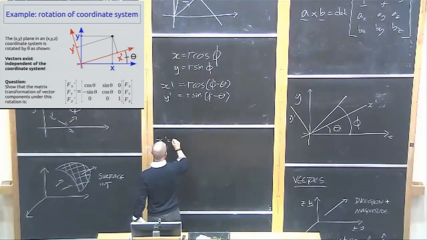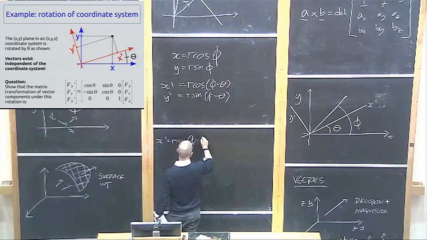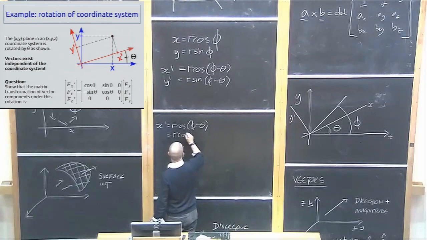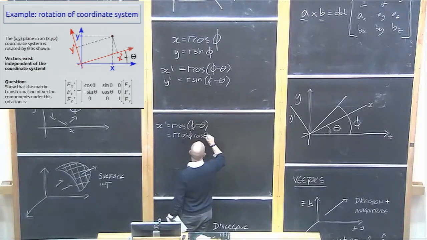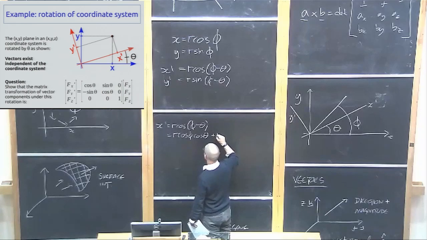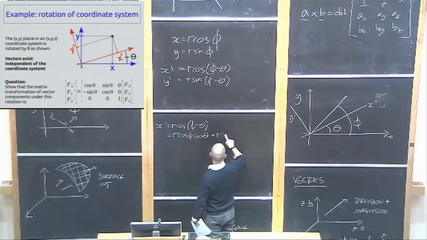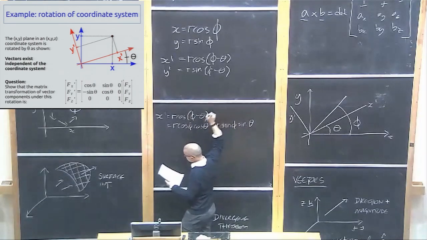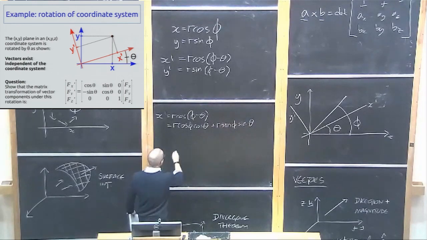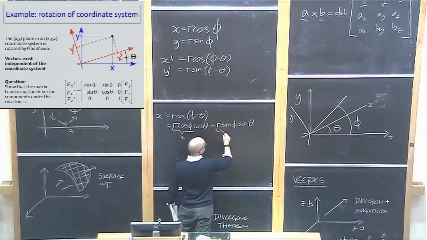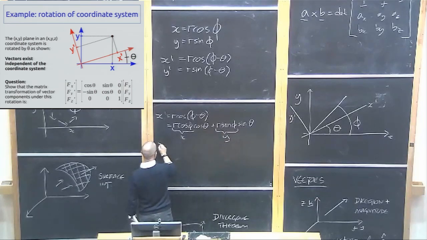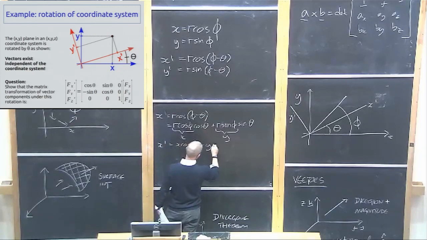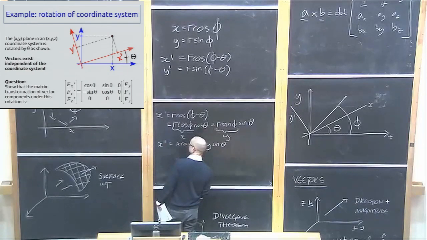So x prime is r cos (phi minus theta), which is r cos phi cos theta plus r sine phi sine theta by the double angle rule. And we know that this equals x, and we know that this equals y. So we see that x prime equals x cos theta plus y sine theta.